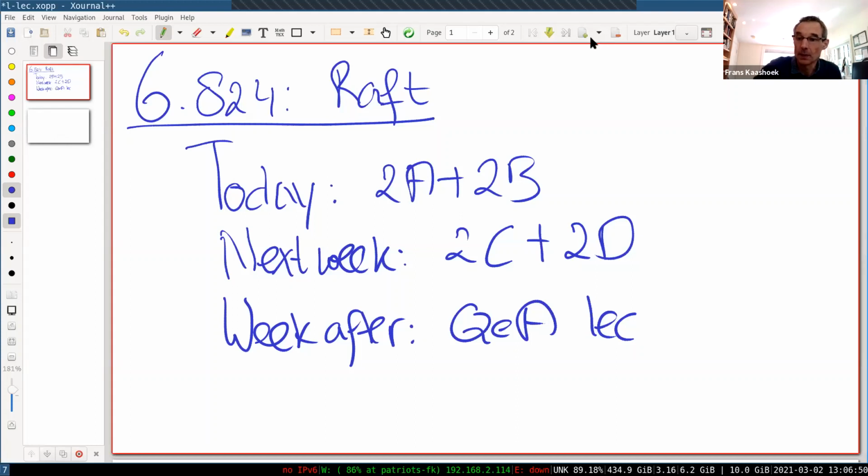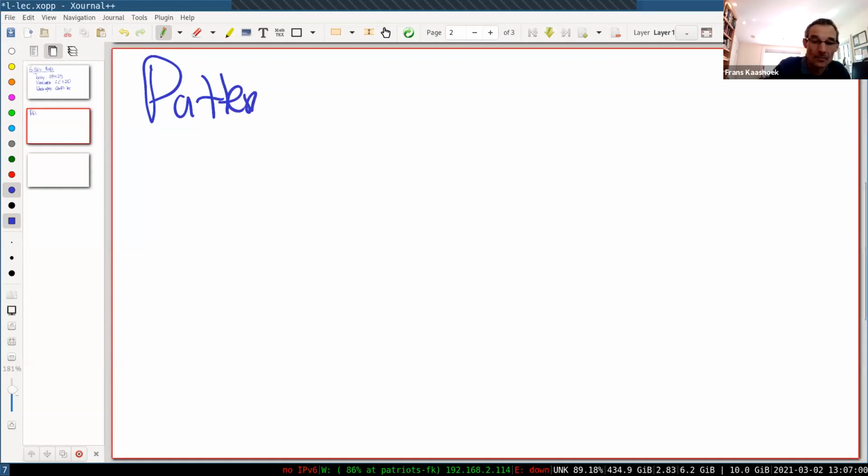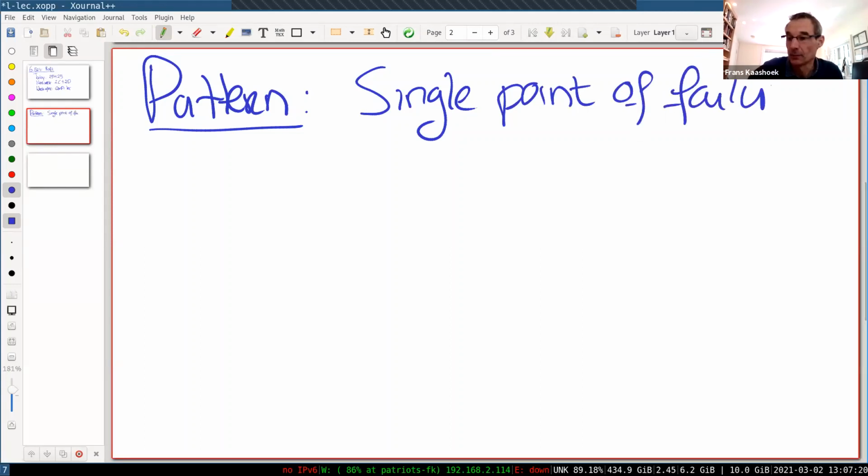The place to start is to observe that in some of the previous case studies of replicated systems, we've seen a pattern. You look at GFS, MapReduce, VM FT, they all have a single point of failure. So even though they're replicated systems and they do replication for fault tolerance, all of them actually had a single point of failure.